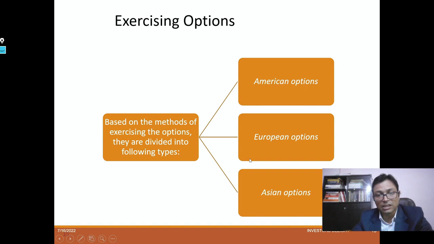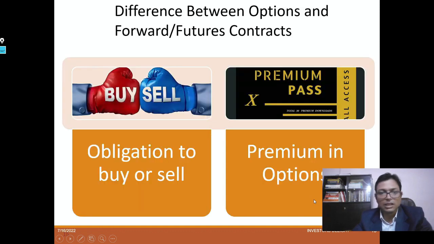If they are exercised only on the expiry date, then they are European options. And Asian options have some privilege that they can be exercised on some specific dates, and that's why they are called Asian options.